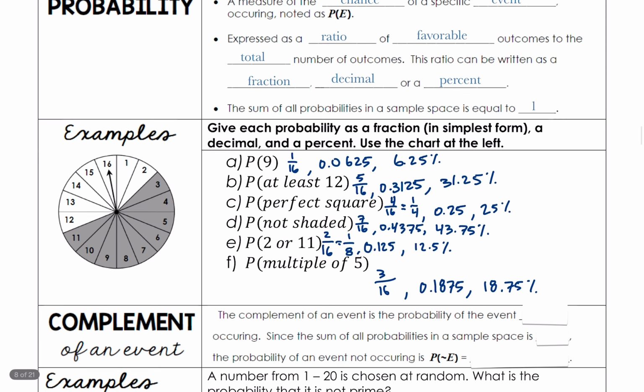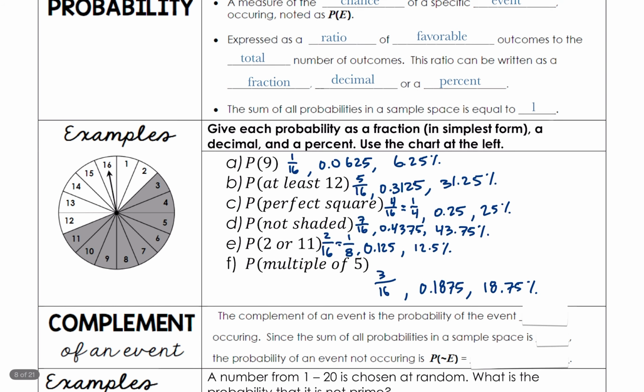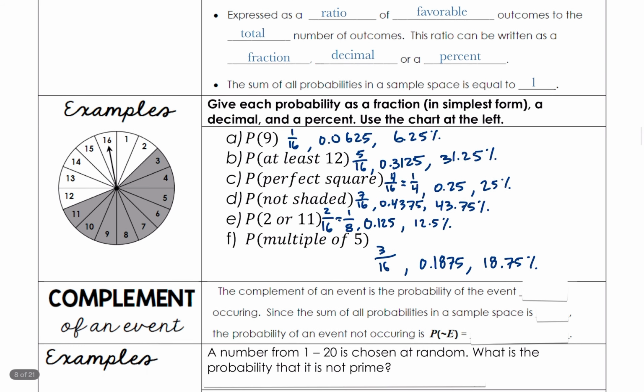Okay, so that's the probability of certain events. The complement of an event, we talked about the complement yesterday when we talked about sets. We had complements of subsets, which was basically everything that wasn't in our subset. The complement of an event is the probability of the event not occurring.